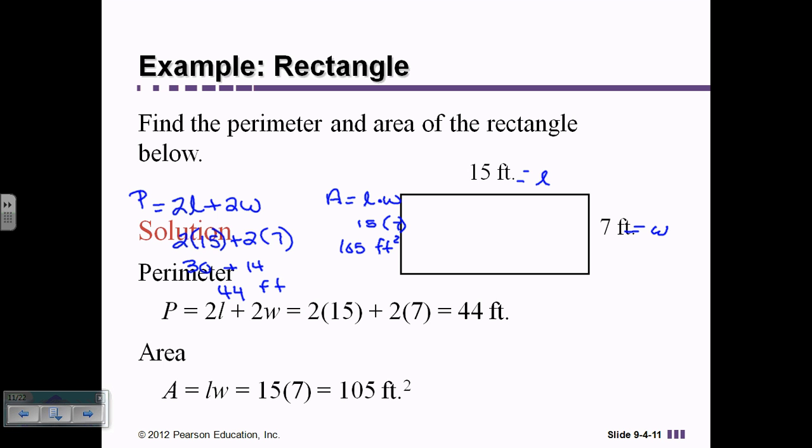So when we talked earlier about having linear units versus square units, the number of feet in the perimeter is 44 feet, and we just simply wrote feet, but the area is 105 feet squared, so it's a square unit.